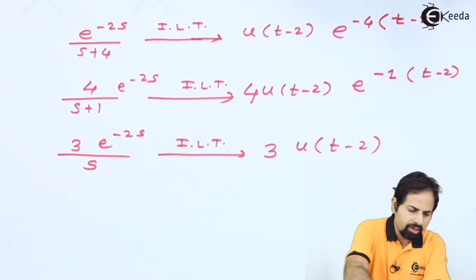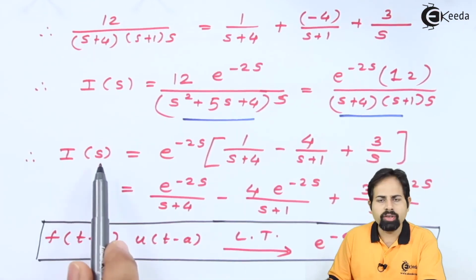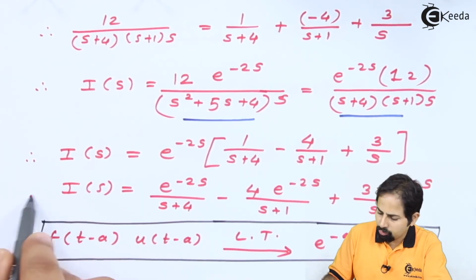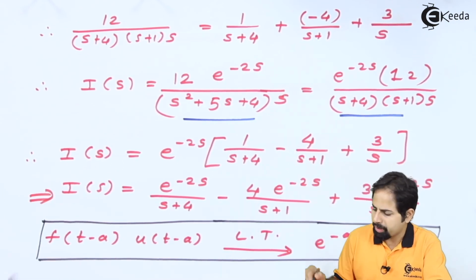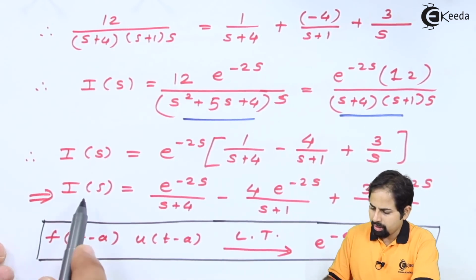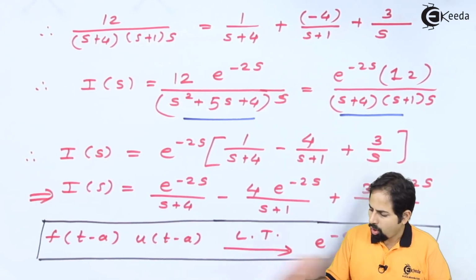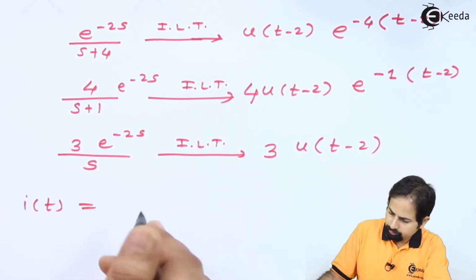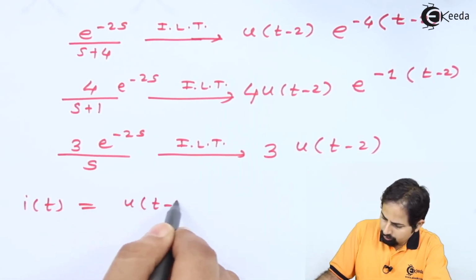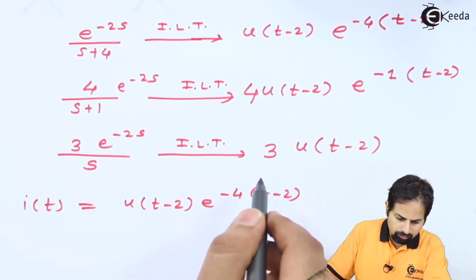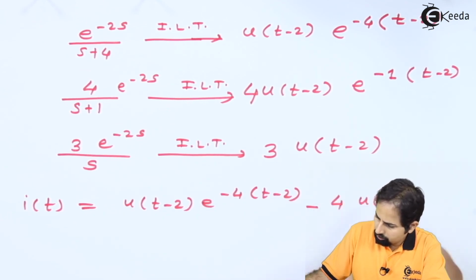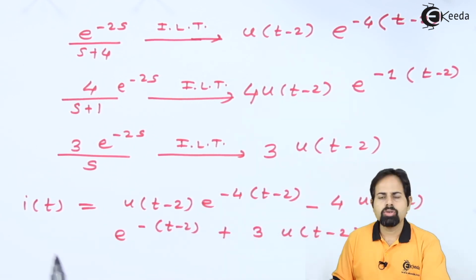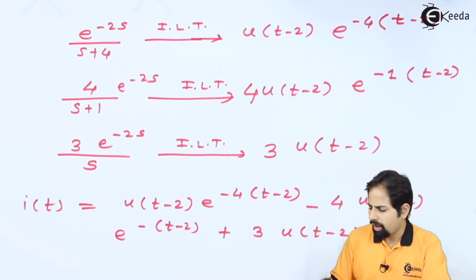So combining all three, because we have this as I of s, if I apply inverse Laplace transform to this particular statement, then I should get I of t. We have got the results for all individual terms, which I just combined and wrote on the right hand side.